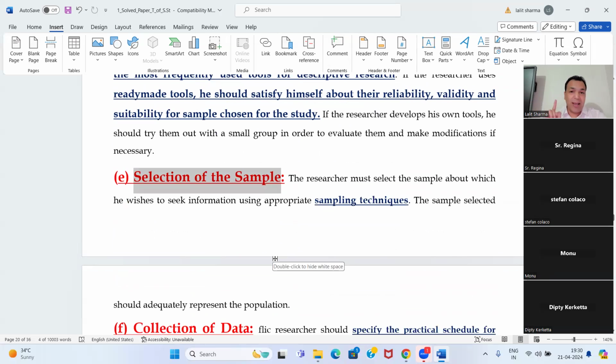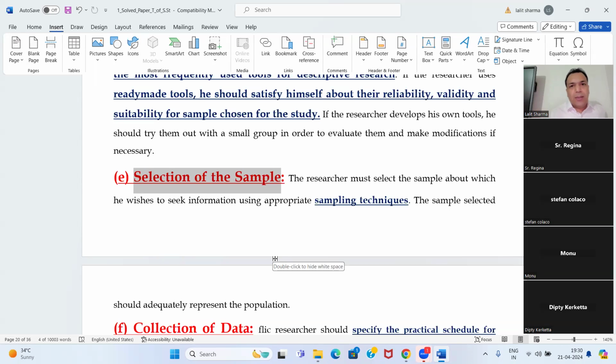Then you select the sample. Sample is necessary, because as I told you, collecting data from the whole population is the most difficult thing. Elections are going on now, you must be hearing the news. The first phase of the election has already been completed. In the first phase, the voting was very less compared to the 2019 elections.